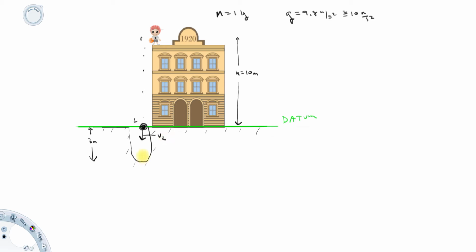And then we'll look at it again, maybe here, and we're going to call this position 3. Now, you notice there's a little daylight there, and that's important. Position 3 is just before impact with the ground. And there's a velocity there, so let's call that one V3. All right, so we've got position 1, position 2, and position 3.